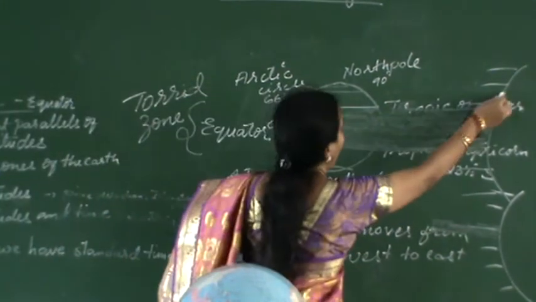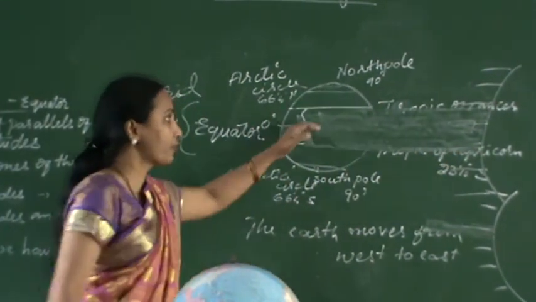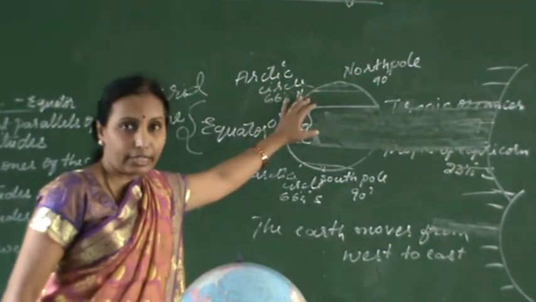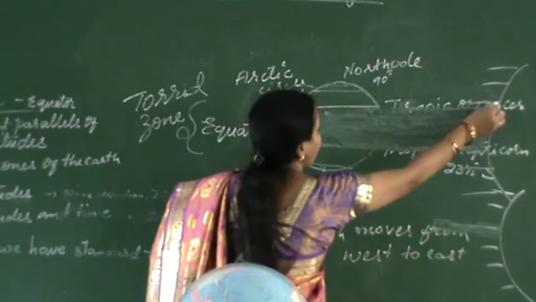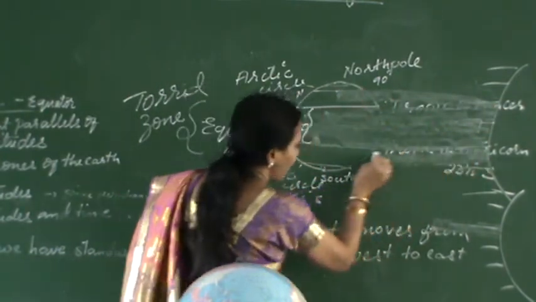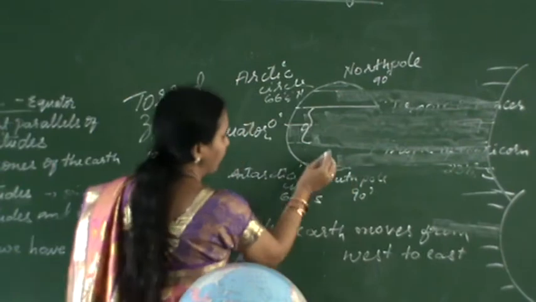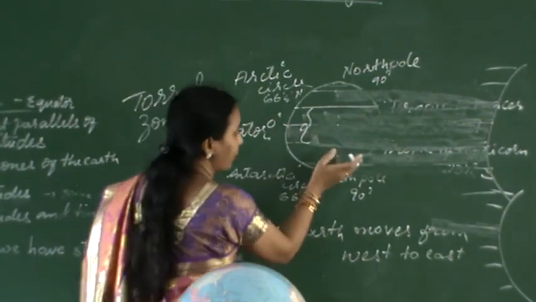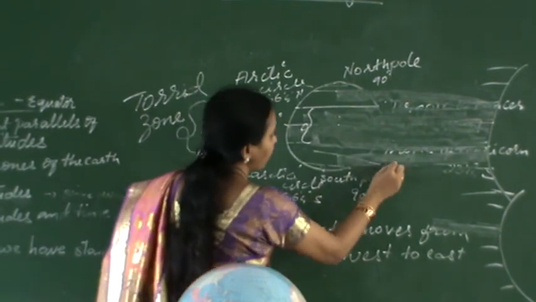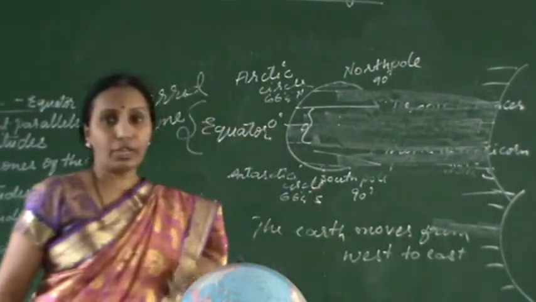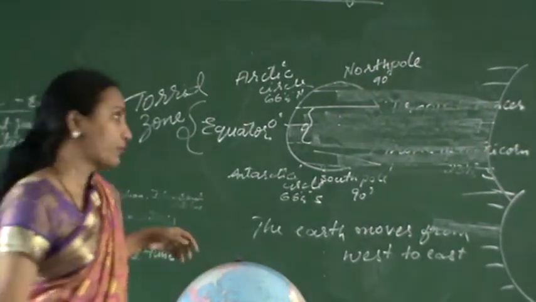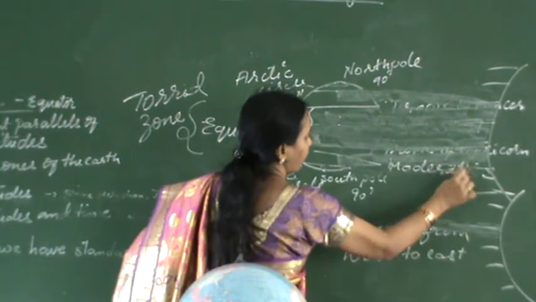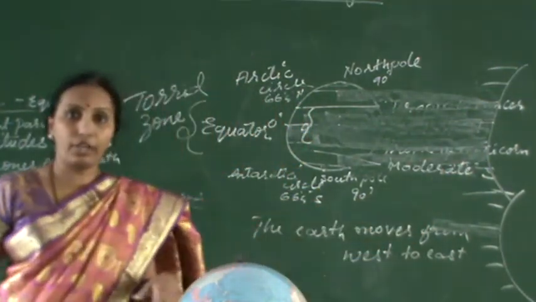Whereas beyond this tropical zone, the sun rays are never overhead. They will be slanting. Here these rays are less bright, not as much as here. The temperature will not be so high, not so cold, so it will be moderate.